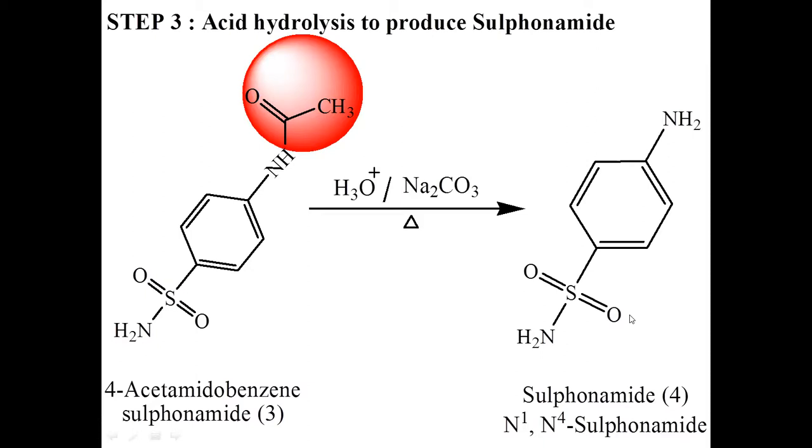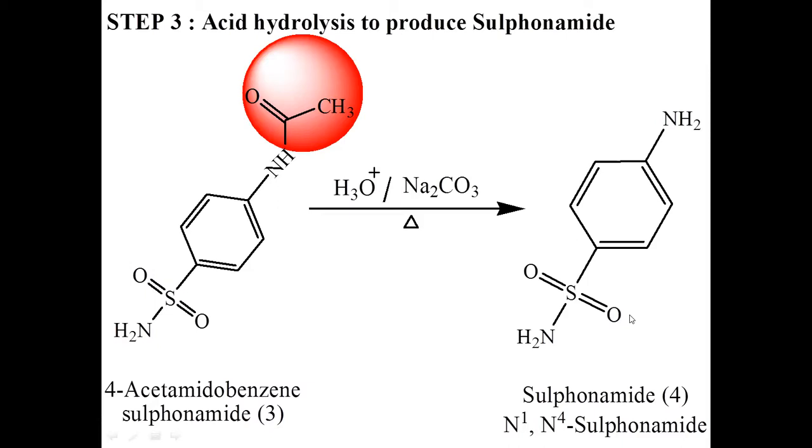We know that this compound has two important groups, the amide group and the sulfonamide group. 4-acetamido-benzene sulfonamide has two important groups, the amide group and the sulfonamide group.